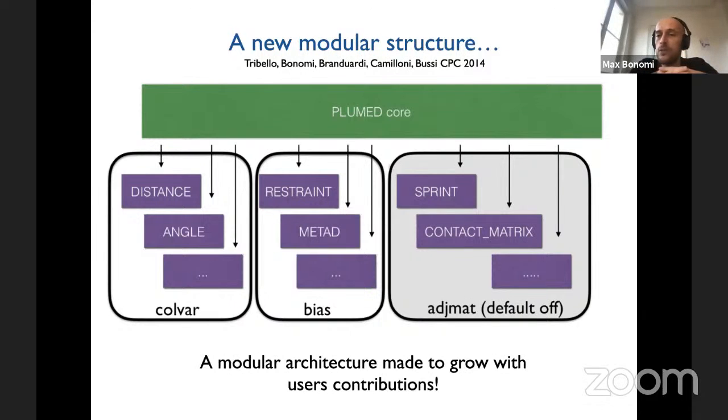And in many cases these are not written by ourselves, the core developers, but there are many other contributors in the community that have written parts of the Plumed code to do something specific that they needed for their research.